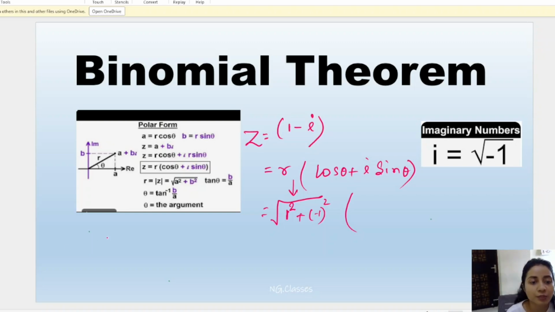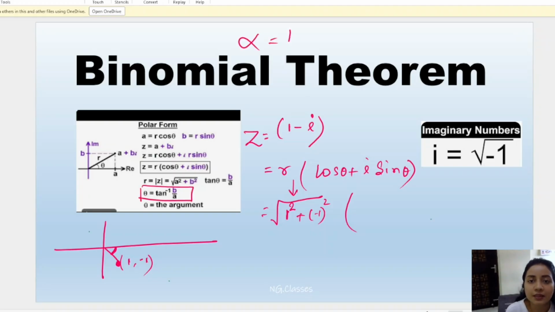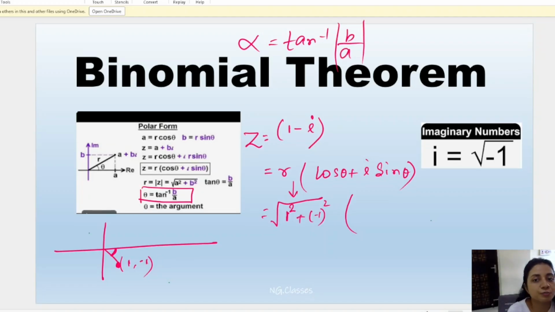Okay, this is our r, and for cos theta + i sin theta, we need to find theta, that means the argument of this complex number. As we can see, this complex number (1, -1) is lying in the 4th quadrant, right? And in the 4th quadrant, if we have the complex number, theta is nothing but minus alpha, right? And alpha can be found by using this formula which is written over here. So alpha is nothing but tan inverse of mod of b by a.